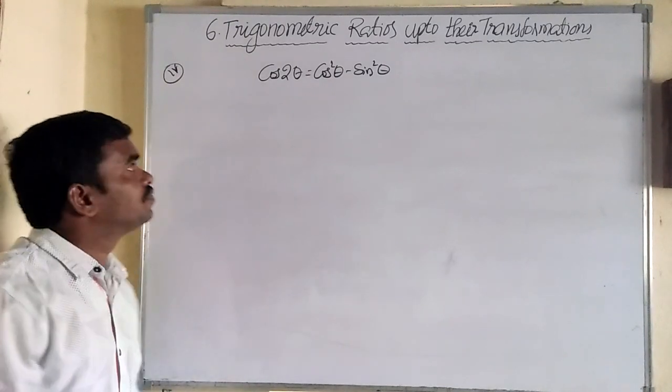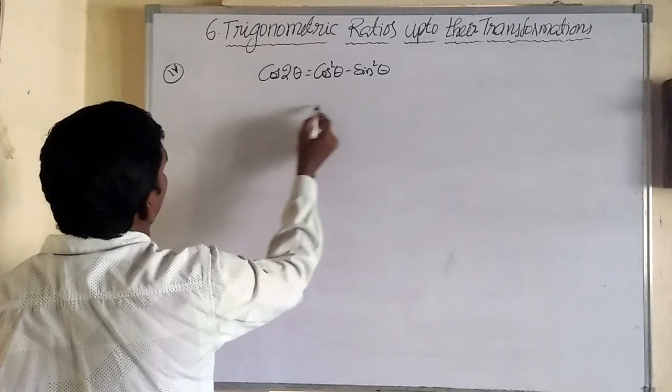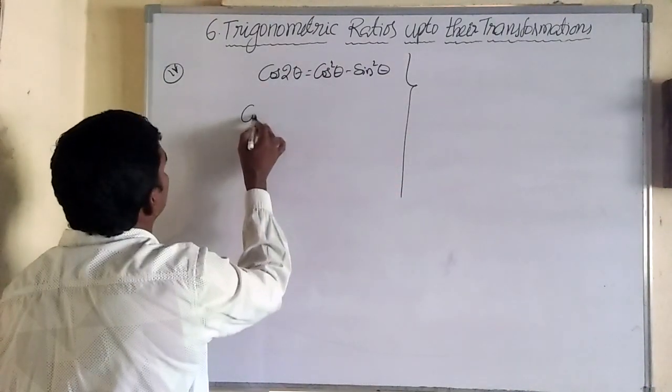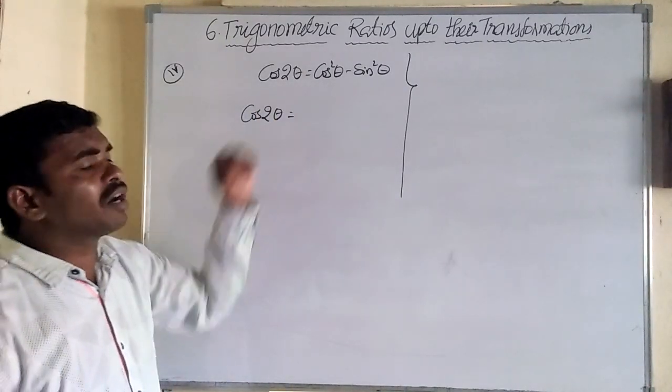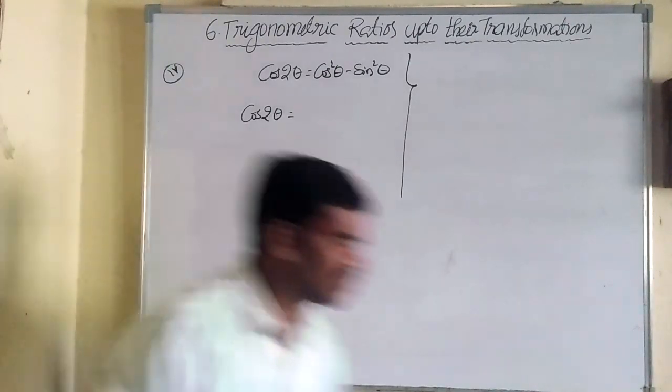Based on this, we can split. So cos 2 theta is equal to cos square theta, minus sin square theta; now write it in terms of cos theta.